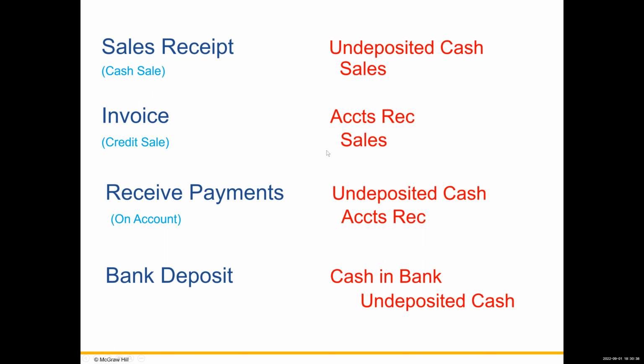Okay. Now, you billed your customer because he's going to pay you later. Well, eventually he's going to pay you, and you're going to use this online form to receive payments from your customers on account. So if he pays you, he doesn't owe you as much anymore, right? So you're going to decrease his accounts receivable and record the cash. And it's undeposited cash because you haven't marched it down to the bank yet.